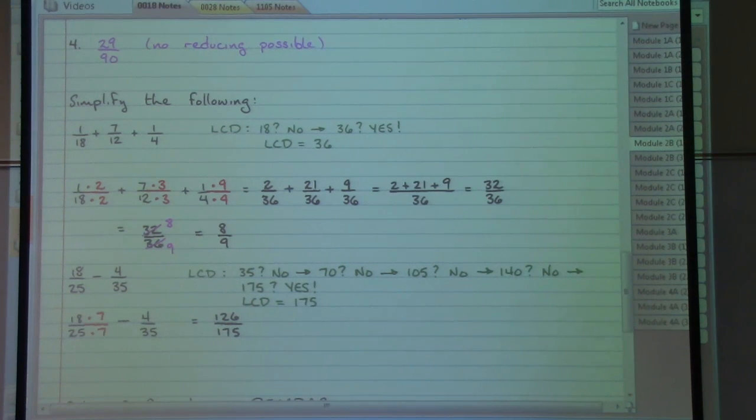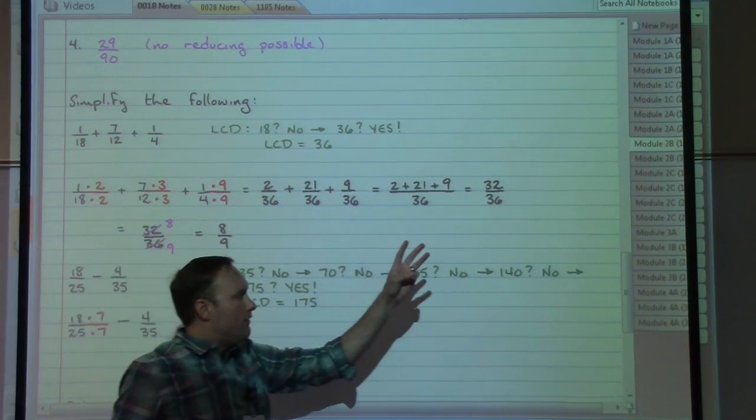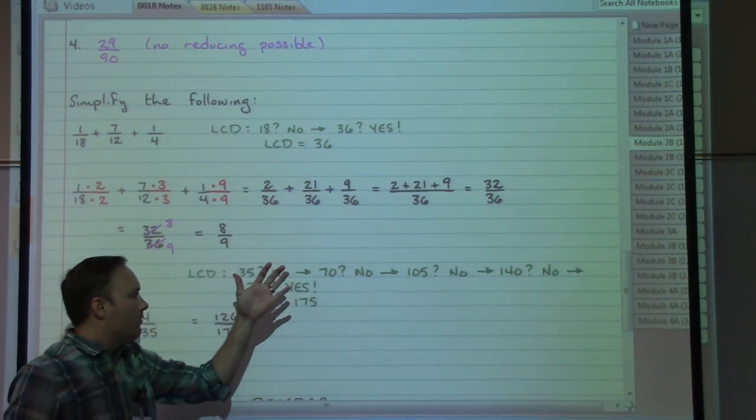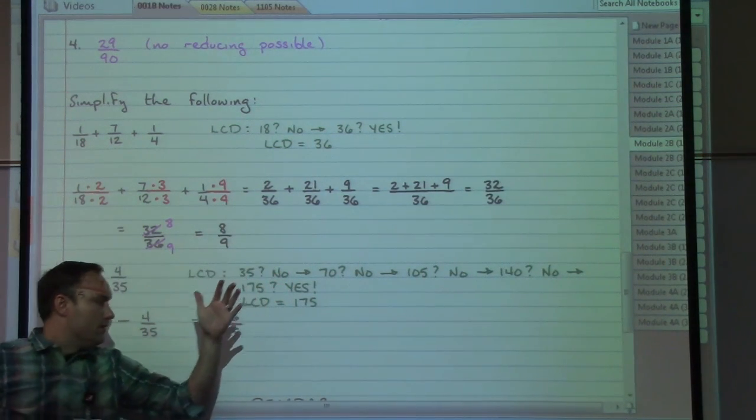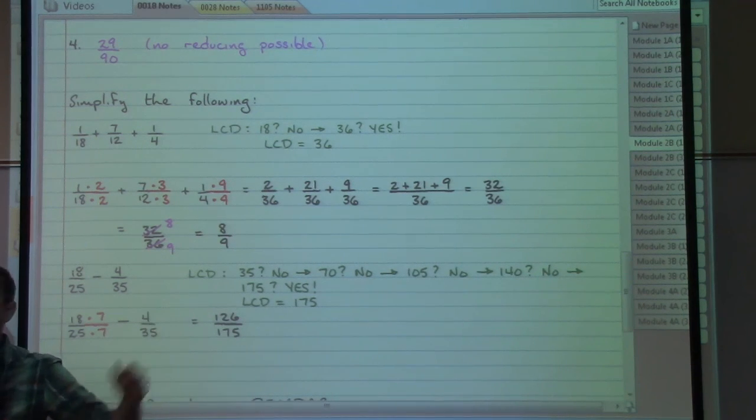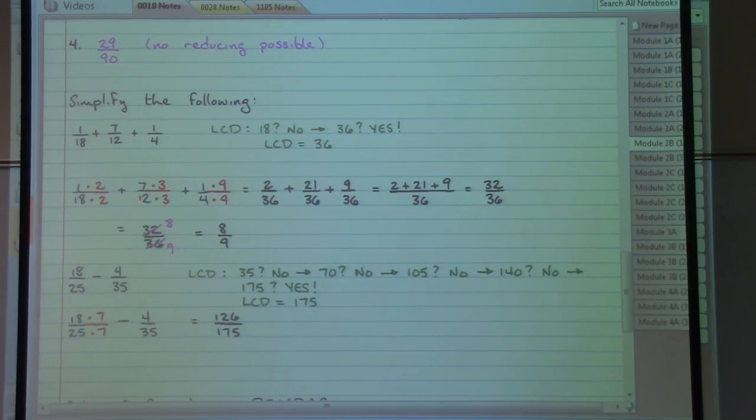My other fraction has a 35 on the bottom. Don't forget that we just went through 35, 70, 105, 140, 175. 35 times 5 gave me that 175. So times by 5 on the bottom and times by 5 on the top.